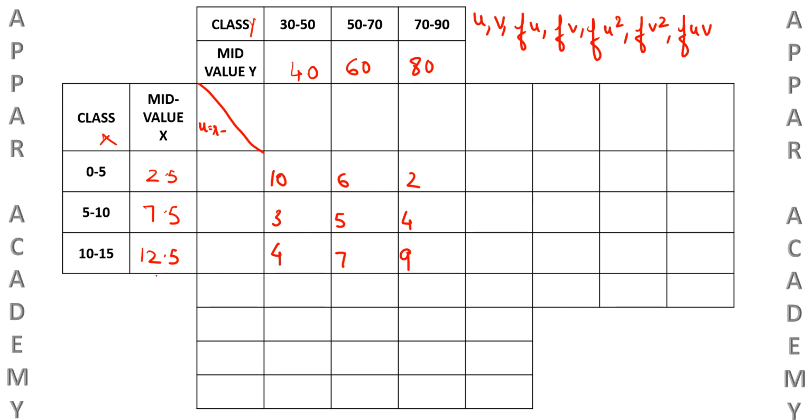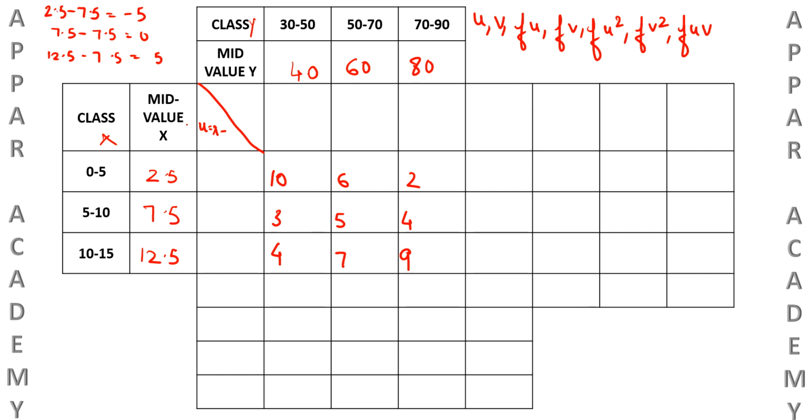After subtracting this a, we are getting all the values in the magnitude of 5: minus 5, 0, 5. This is after simply subtracting the assumed mean, that is a.